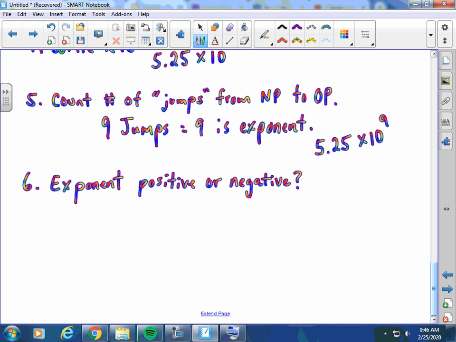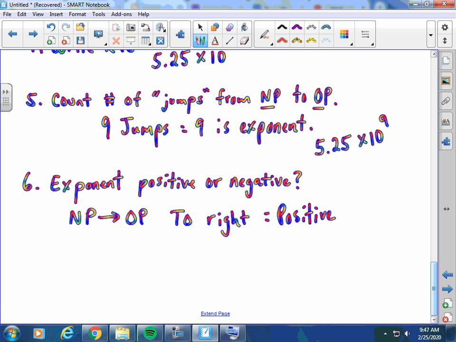Is the exponent positive or negative? Well, it's important that we always count the jumps from the new point to the old point. It's important to remember that. Because if you go from new point to old point, original point, to the right, then it's positive.